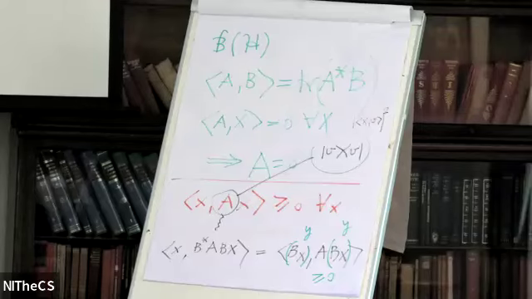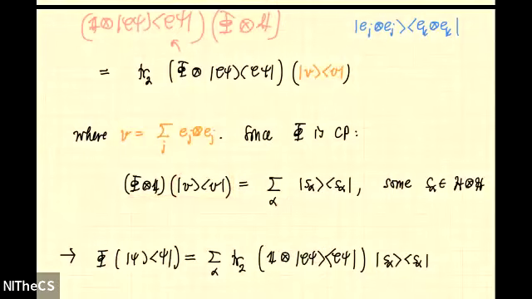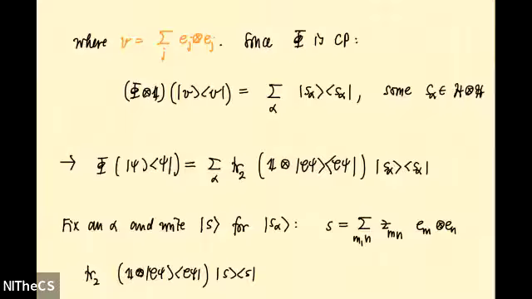And since phi is CP, phi tensor 1 applied to this positive operator will be again a positive operator, because phi tensor 1 is positivity preserving. And any positive operator is of this form. If you wish, this is the spectral decomposition of a positive matrix.